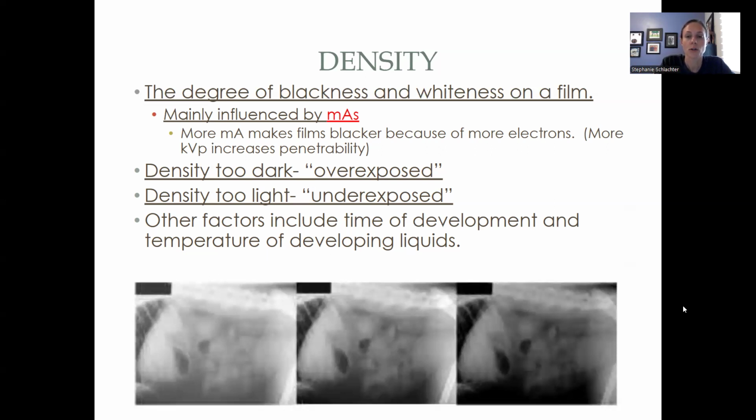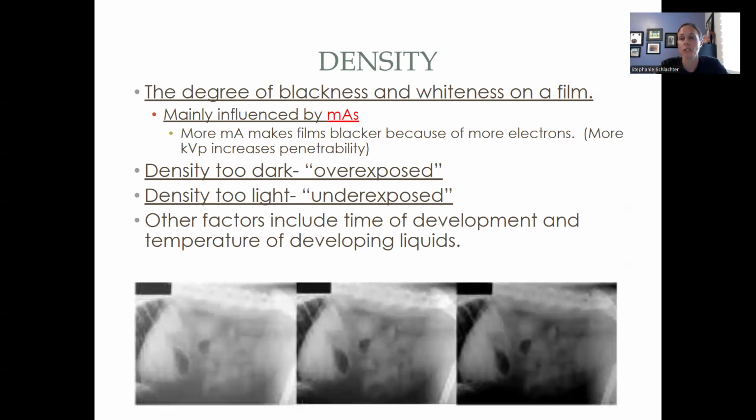Other things: if we are actually using film, the temperature of the chemicals that we use to develop them, and how much time we spend in those chemicals, will also affect the overall density of our x-rays. If the temperature is too warm or the film stays in the developer too long, those are going to end up overexposing our film.